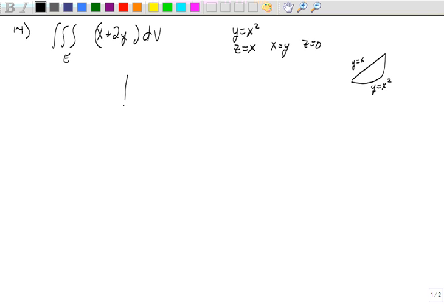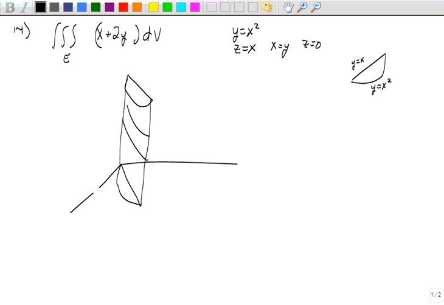So what's going to happen is I have that shape all the way down. And then I have the z equal x plane coming like straight. Z equal x is right here. So that plane is going to cut this in this shape right here. So it's going to be like a half of a cylinder cut on a slant. So it's going to be slanted.